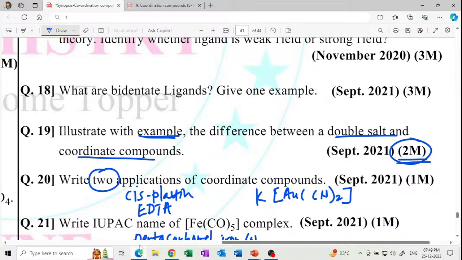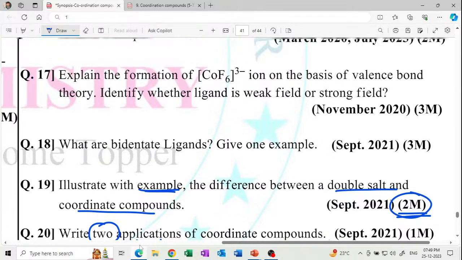Double salt and coordinate compounds. What are bidentate ligands? Bidentate ligand means it has 2 donor atoms. So what are bidentate ligands? en, that is ethylenediamine, and one more, oxalato, ox. 2 examples, give 1 example. Ethylenediamine has 2 donor atoms. Get it? And oxalato is C2O4 2-. Get it? C2O4 2- oxalato. So it is a bidentate ligand.